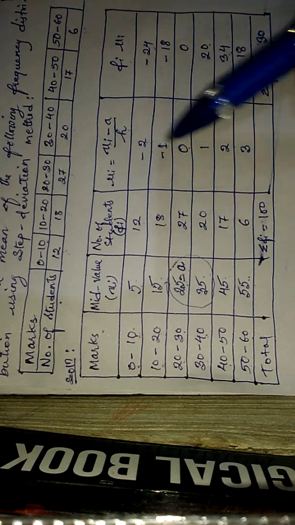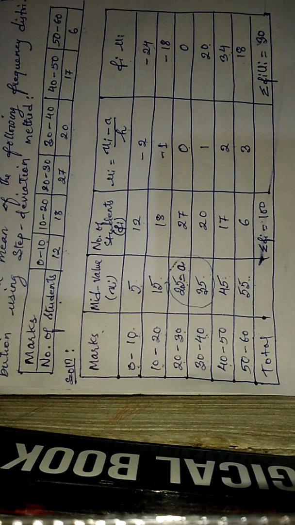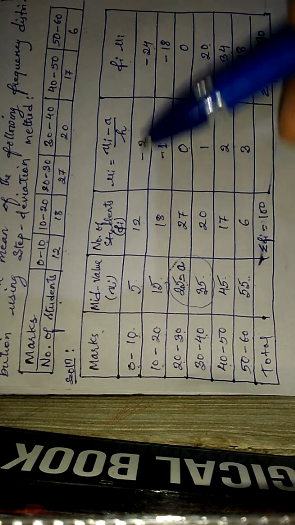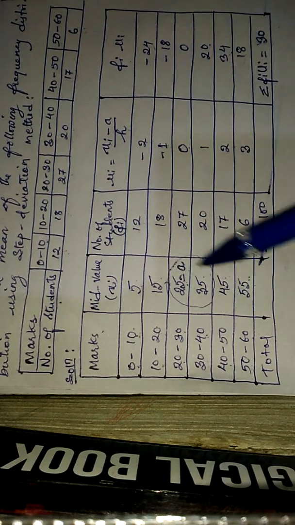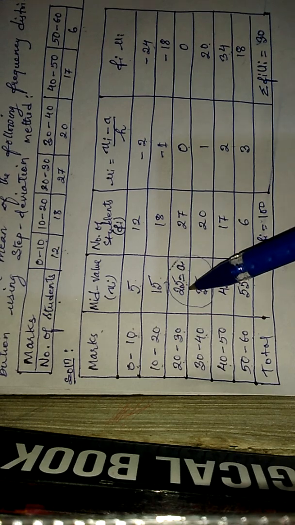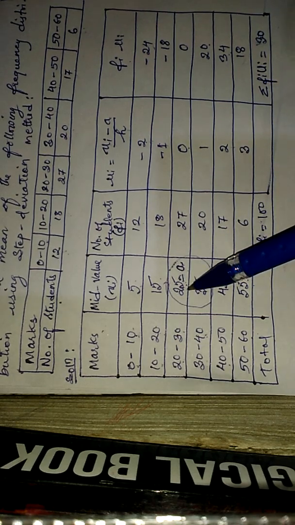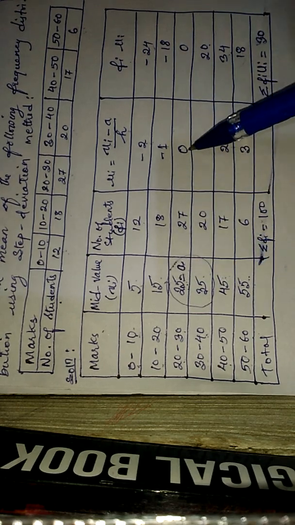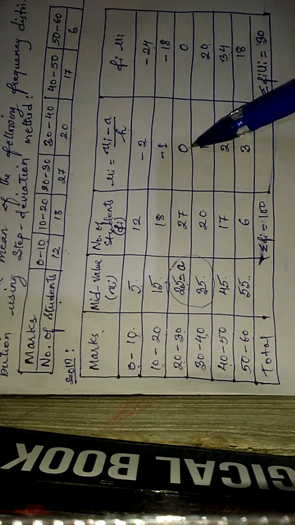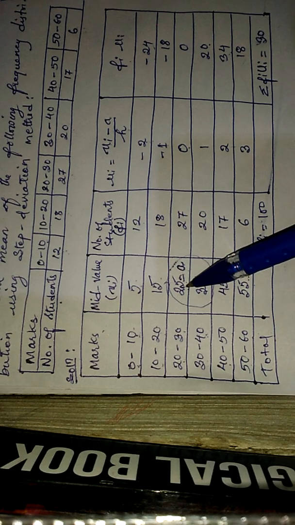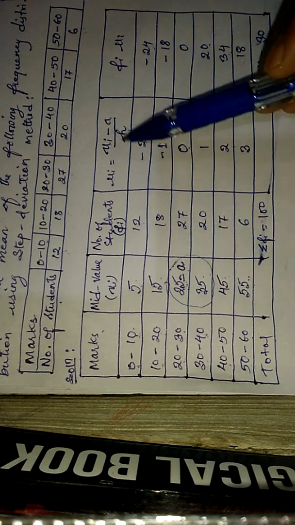Since 25 is our assumed mean, for the Ui column you can write 0 for that value. Since xi is also 25, 25 minus 25 will be 0. So without calculating 25 minus 25 divided by 10, just write 0.